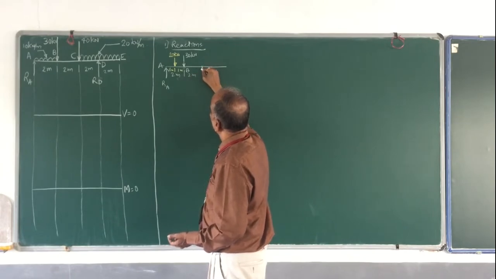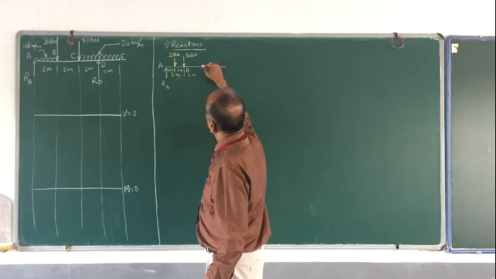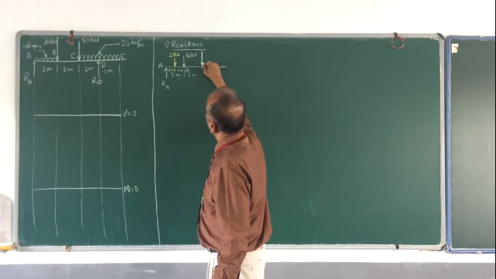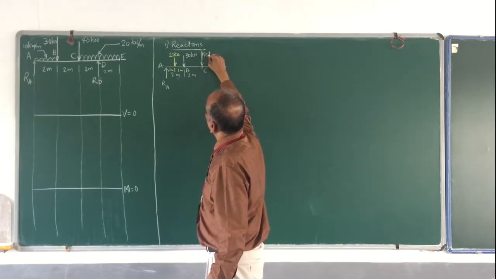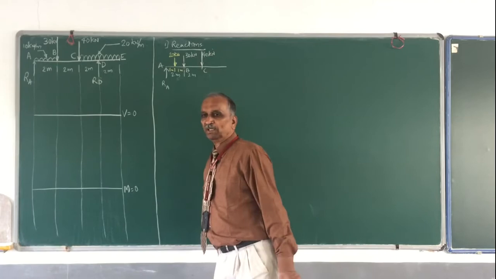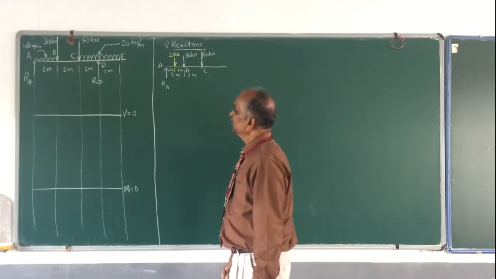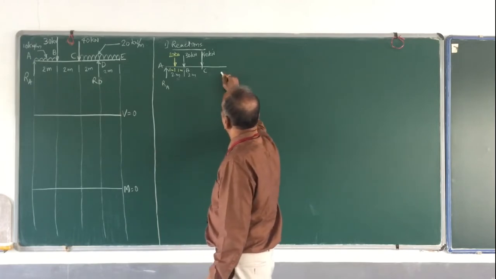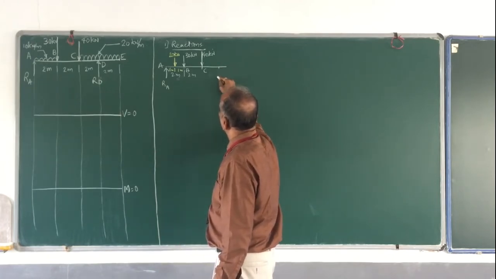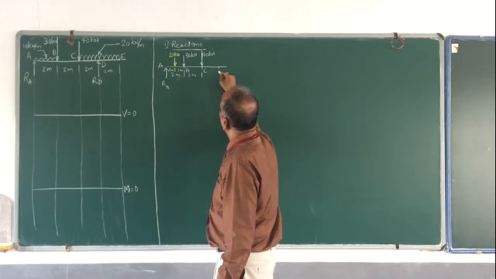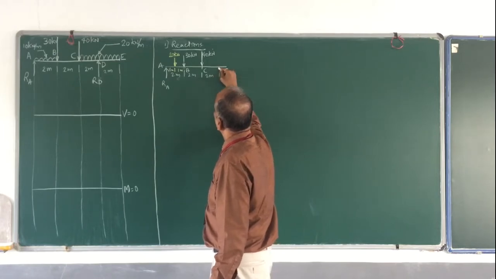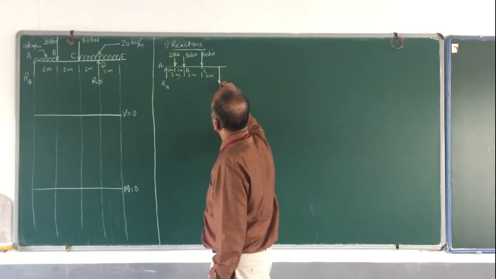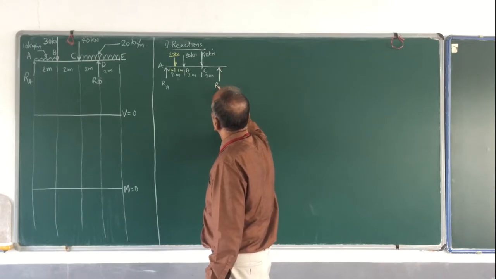So this is where you have C, and at C again you have a point load, 40 kilonewton. You have plenty of loads. Okay, 40 kilonewton at C, and then you have another 2 meters, another 2 meters. This is where you have a reaction which you are supposed to find out. This is RD.